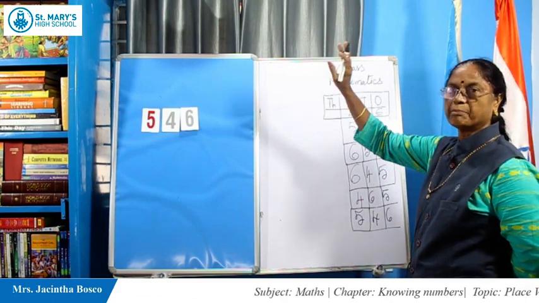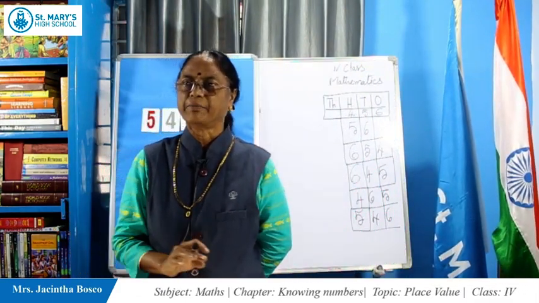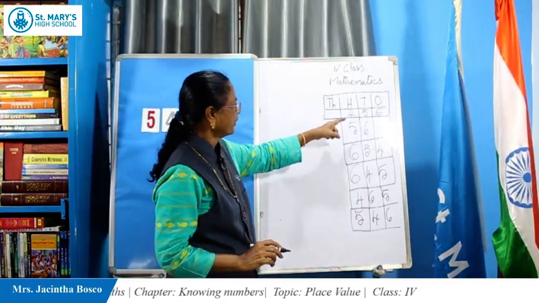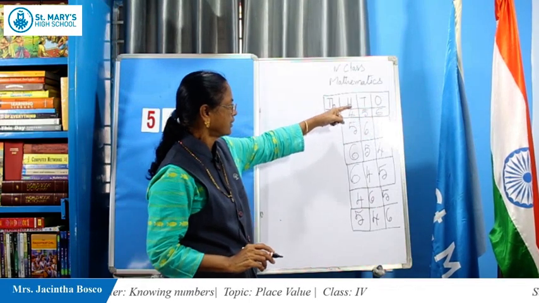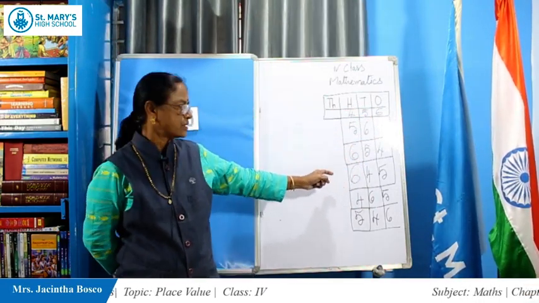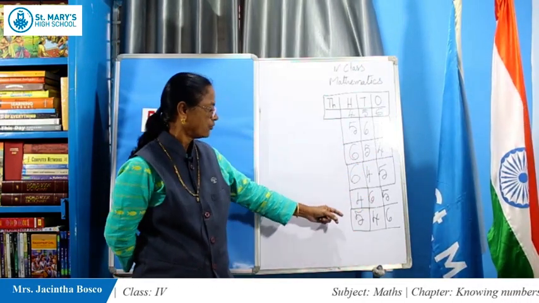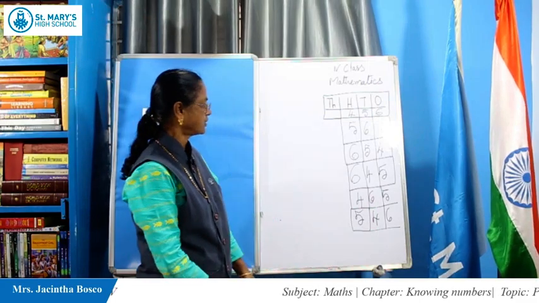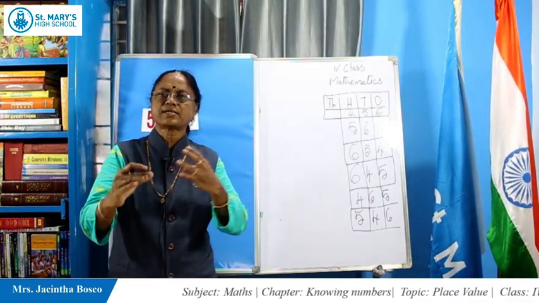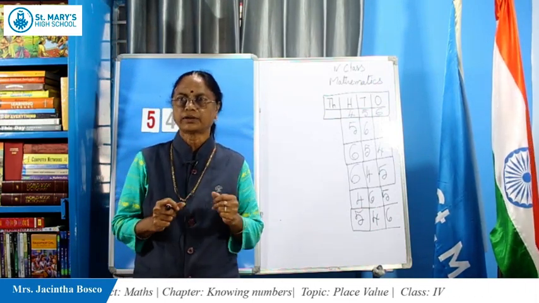This is the magic of knowing the possible numbers. So now, how many ways did you make it? 456, 564, 654, 645, 465, 546. You changed just the digits and their places and you got different numbers.